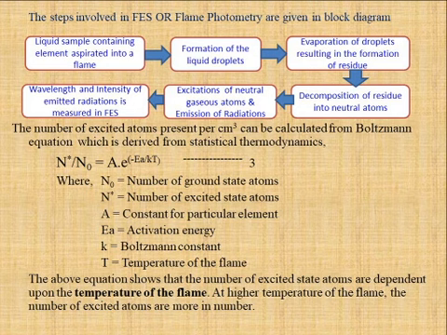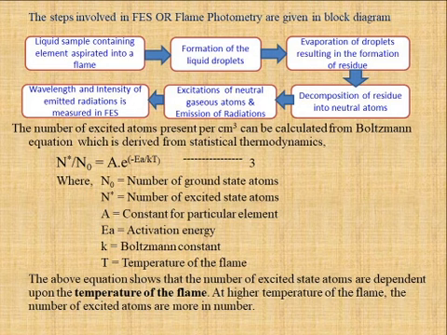In the flame there is a formation of liquid droplets. That liquid droplet evaporates, resulting in the formation of minute particles of residue, and that residue decomposes into neutral gaseous atoms.